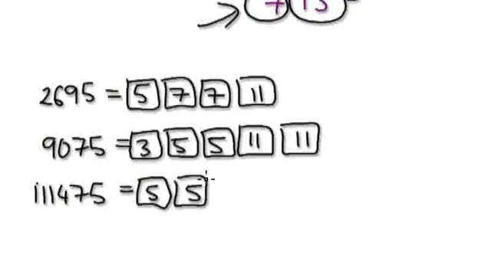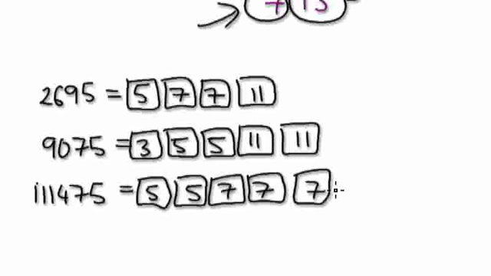So 3 sevens: 7 times 7 times 7, and then you've got the 13 at the end.